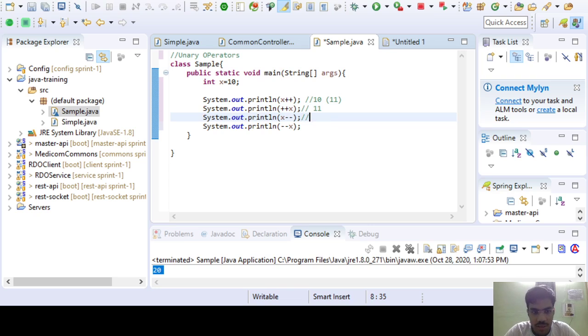The same goes for decrement. After the iteration, the value will be displayed as 11, and with minus minus it will be 10.